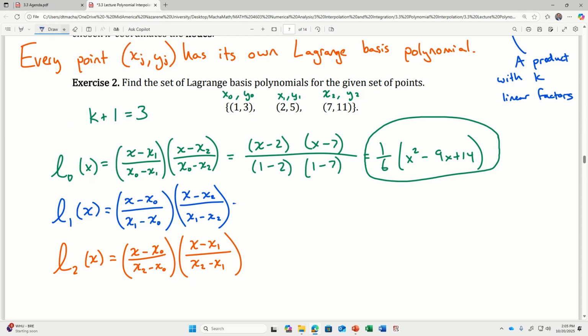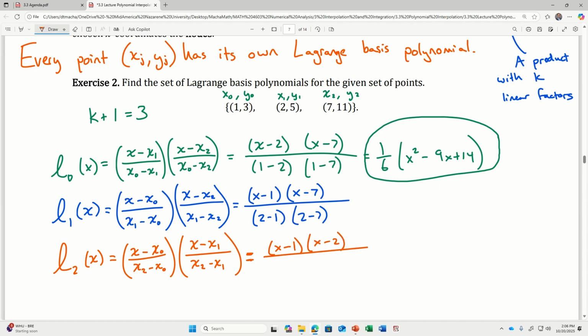Go back and actually fill these in. So x0 is 1, x2 is 7, and this is going to be 2 minus 1 and 2 minus 7. Finally, x minus 1 times x minus 2 divided by 7 minus 1, 7 minus 2.